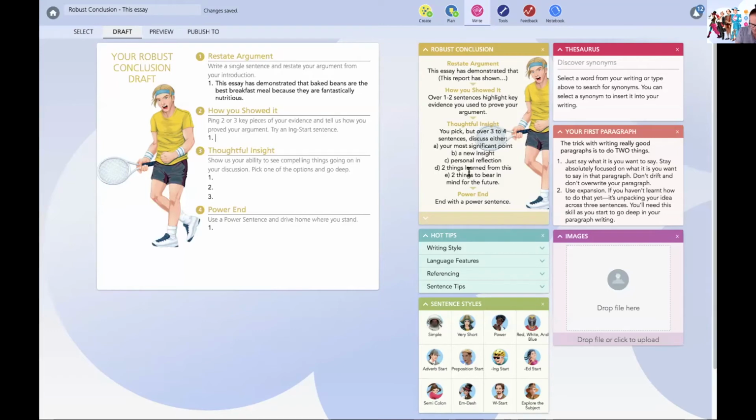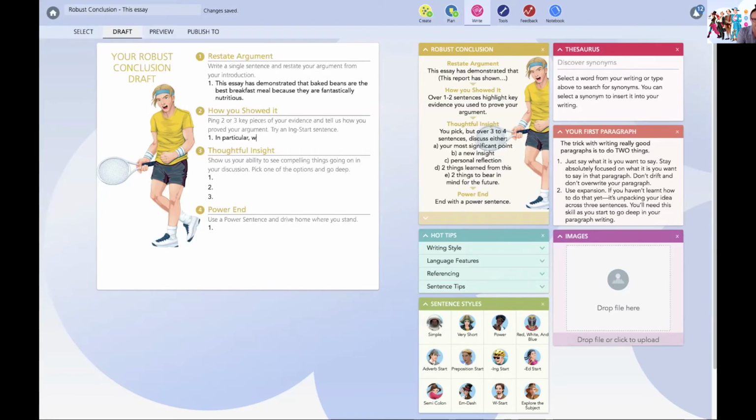So here we go. I'll do it now. Because say Boris had written in particular a paragraph on proteins, and maybe he'd also written a paragraph on the essential ions and minerals that baked beans release. So he'll just ping those 2 things here.